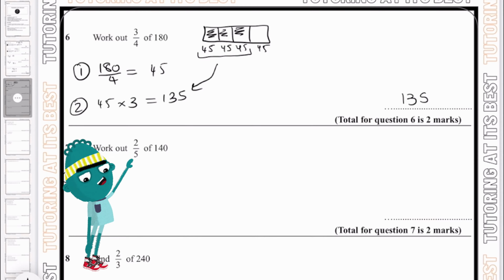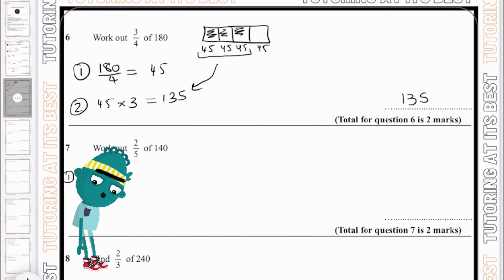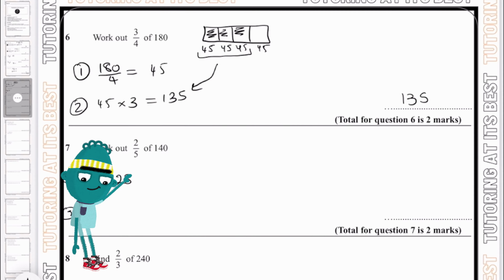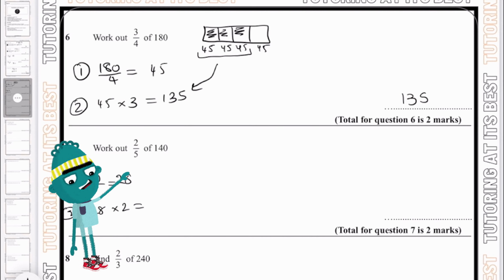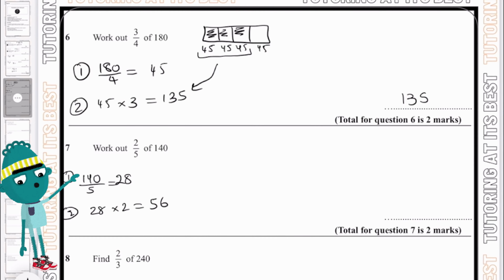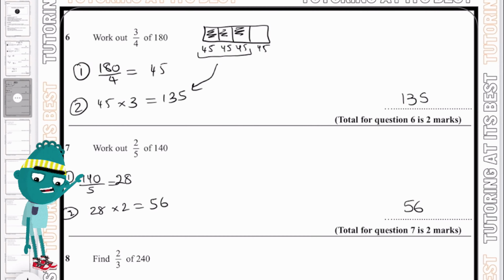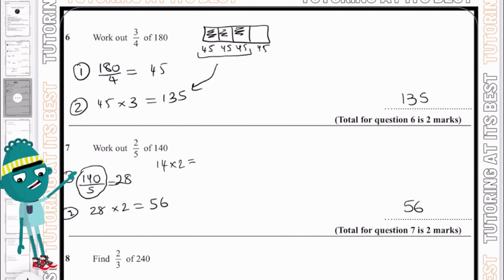We'll divide this by 5, which again will give us 28. And then step 2, we'll have 28 multiplied by the numerator, which is 2, and that gives us 56. A quick tip and trick here is when you're dividing a number by 5, you can simply go ahead and take out the 0. So we have 14 and then times it by 2, which gives us 28.